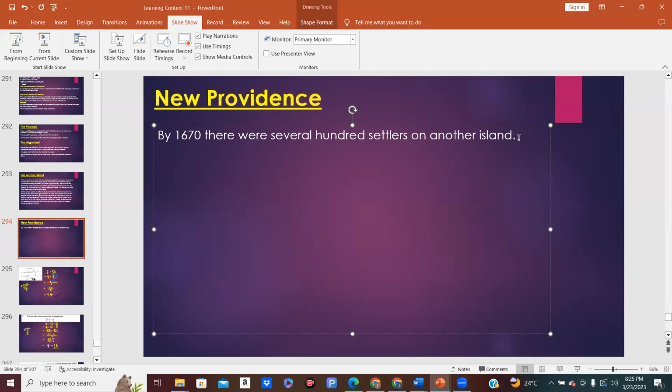This other island was New Providence. Can anyone guess what New Providence was first called? New Providence was first called Sayle's Island, after William Sayle.